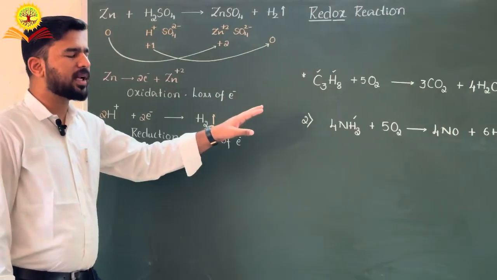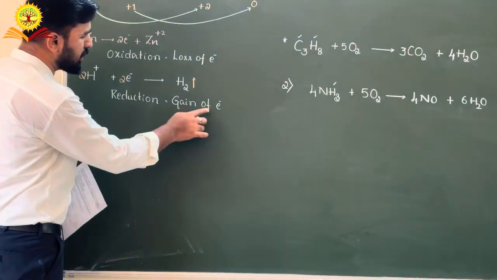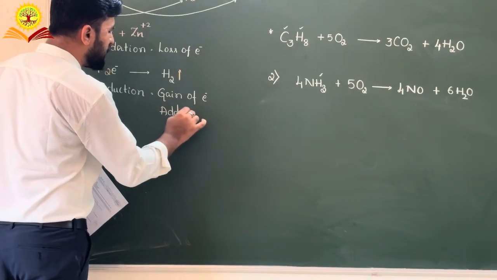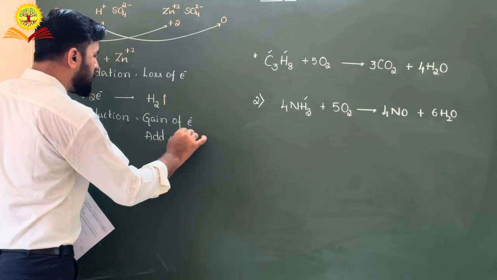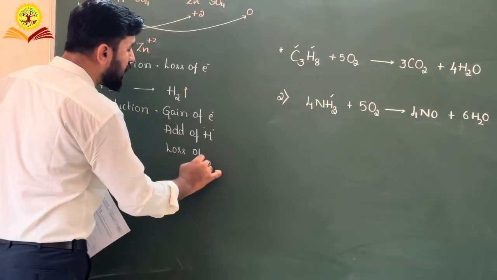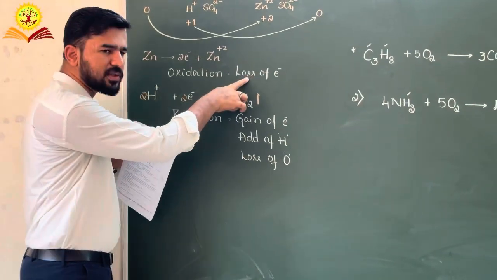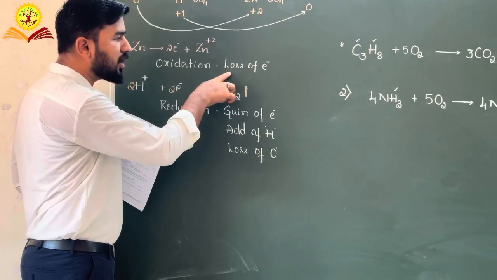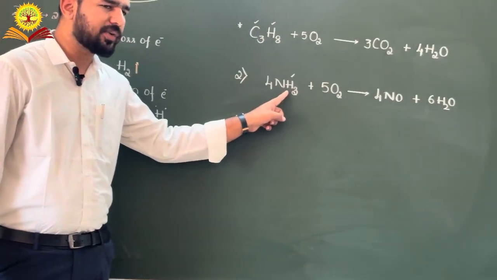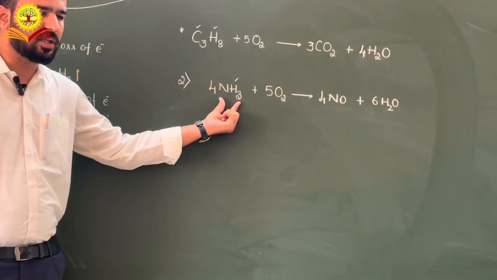This can also be given as a definition for oxidation and reduction. Reduction involves gain of electrons, addition of hydrogen, and loss of oxygen. In the same way, oxidation involves loss of electrons, loss of hydrogen, and gain of oxygen. So this reaction involves loss of hydrogen as well as gain of oxygen. Therefore, this undergoes oxidation.